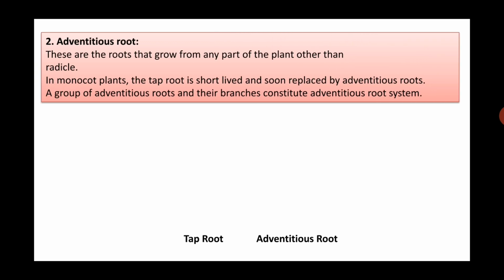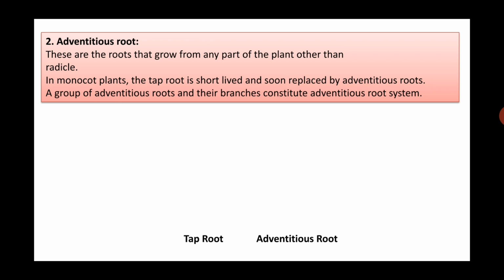Adventitious root. This is the second type of root. These are the roots that grow from any part of the plant other than the radicle. The meaning of adventitious is accidental, unintentional.